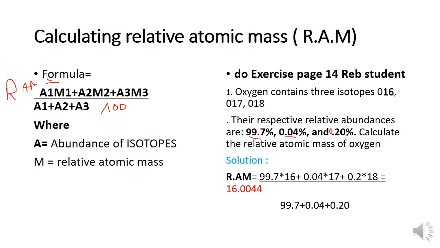Bakuvuga ko calculate relative atomic mass of oxygen, iyi ni abundance, ni percentage. Dukuba percentage na atomic mass, duteranyo percentage ya kabiri dukubyeho atomic mass, duteranyo percentage ya gatatu dukubyeho atomic mass, ugabanyije summation n'ijana.